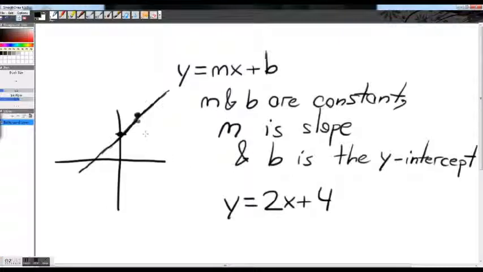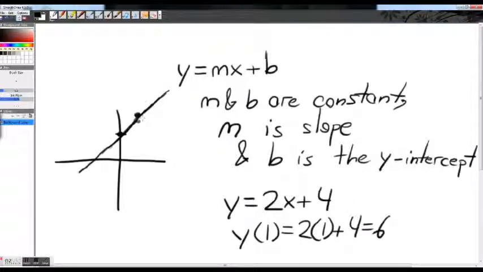At x equals 1, the function takes on the value 6. So this is the point 1, 6, while this is the point 0, 4. The line passes through both those points.